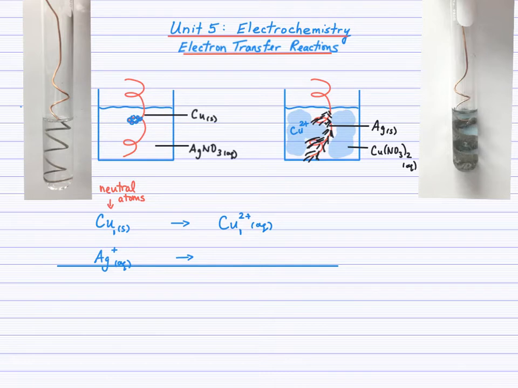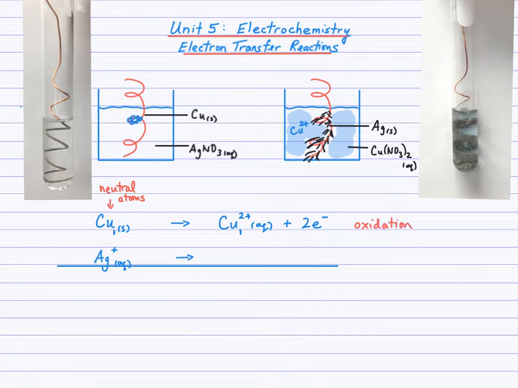Now, what about charge? How does a copper atom become a cation? Does it gain or lose electrons? Hopefully you've decided it loses electrons. And in this case, 2 electrons are lost in order to become a copper(II) positive ion. So we call this a half reaction. It's half of the chemistry that's happening in the test tube.